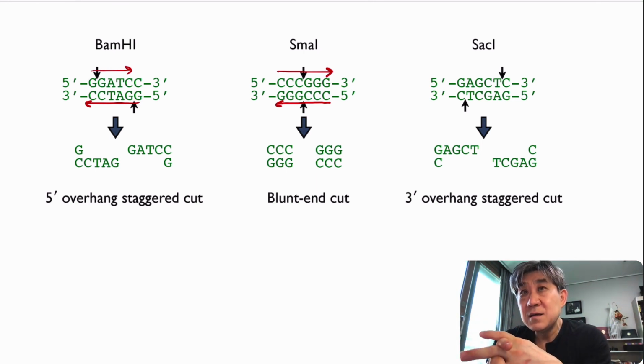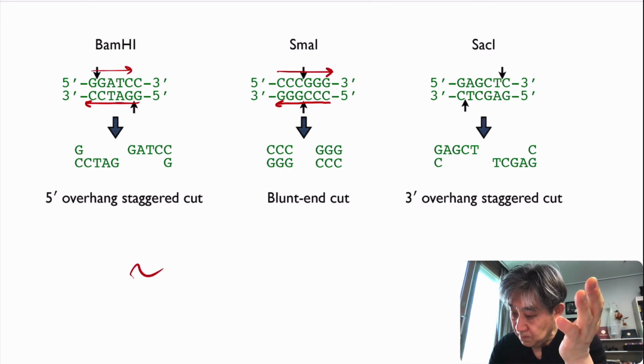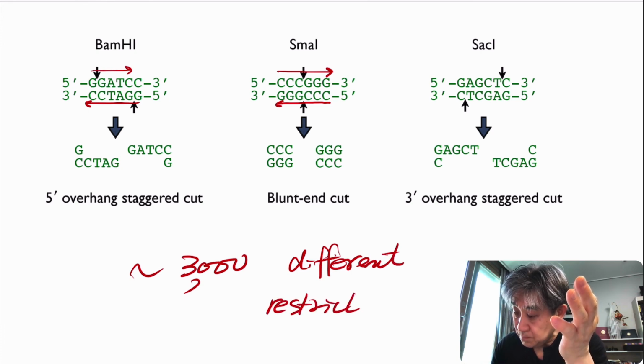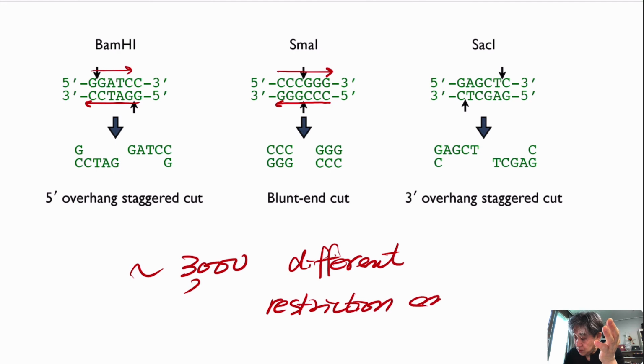But the fact of the matter is, until now, about 3,000 different restriction enzymes have been discovered, all of which were originally discovered from bacteria.